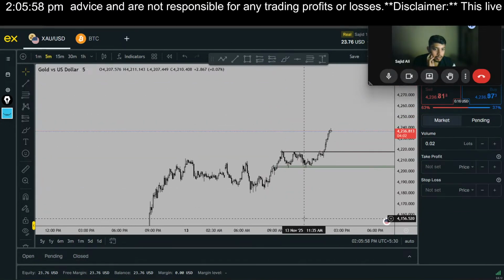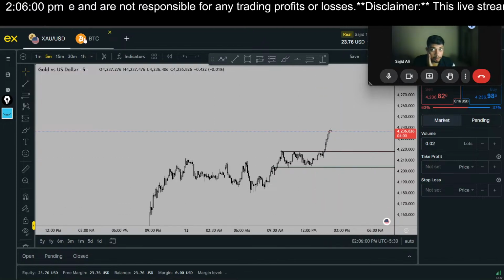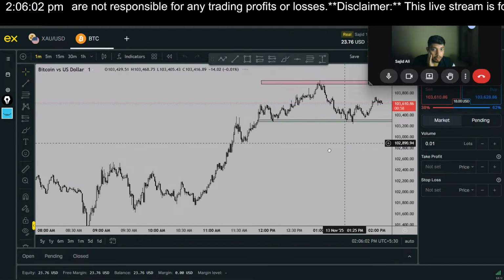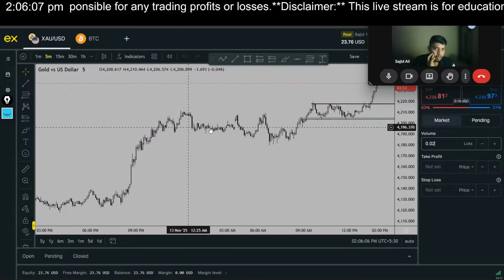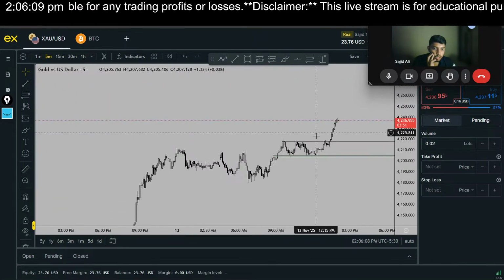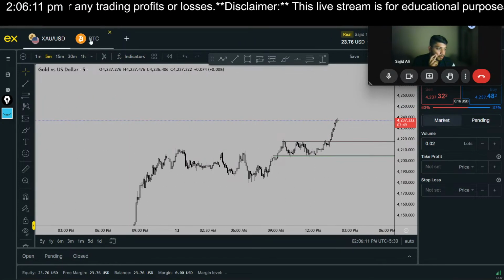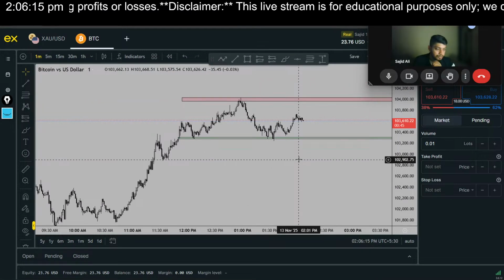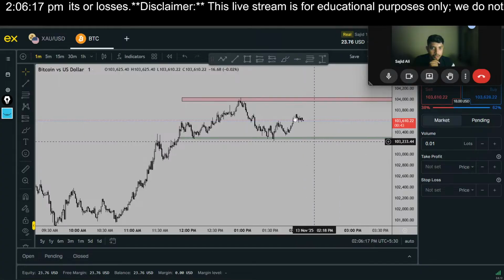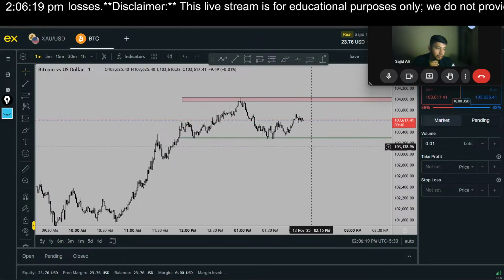We'll wait till 2:30. If till 2:30 the setup is not formed here in Bitcoin or in gold, I guess there is less chance for the setup to come, for the level to be formed. In Bitcoin, there is a good chance we can get a good buy side trade. So we'll wait till 2:30 or 2:40.